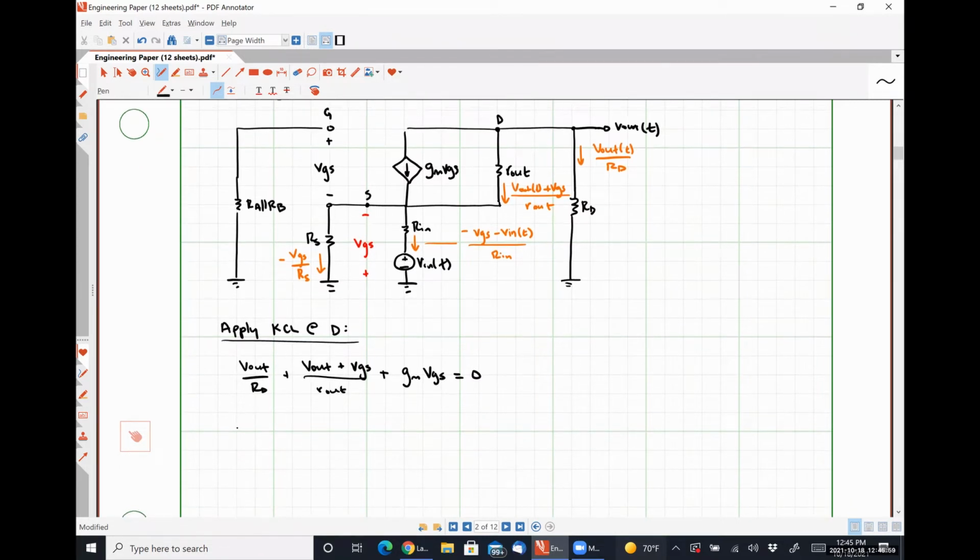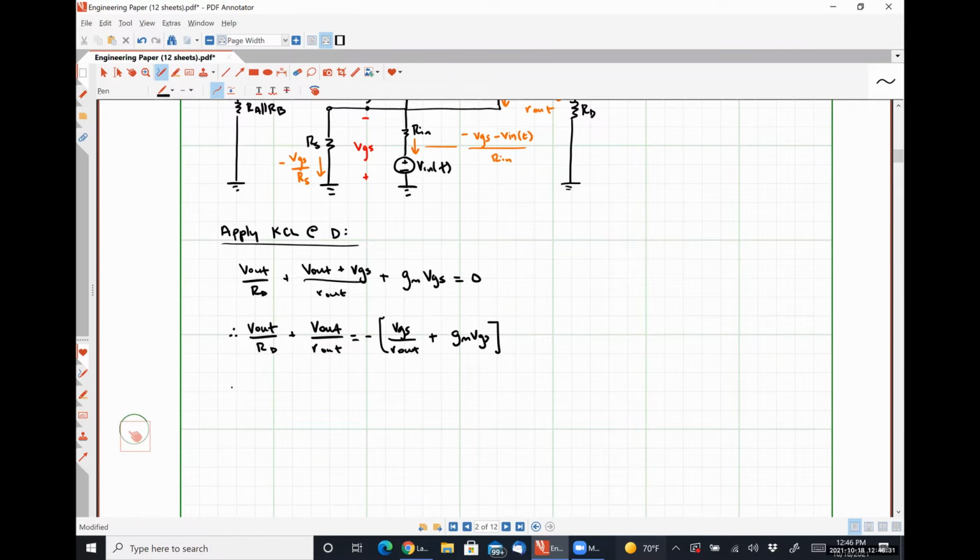And I can algebraically manipulate this guy a little bit, and we'll find that we have V out over RD plus V out over R out is equal to negative VGS divided by R out plus GM VGS.